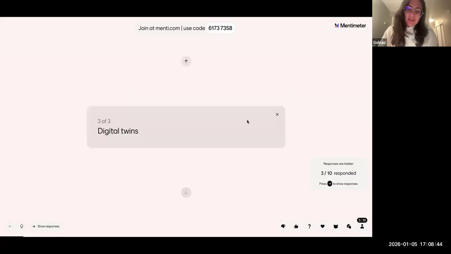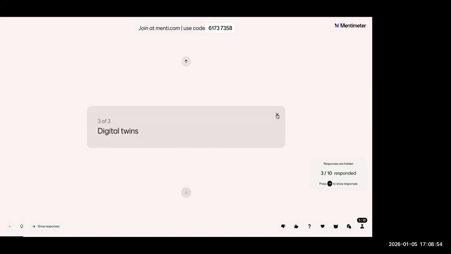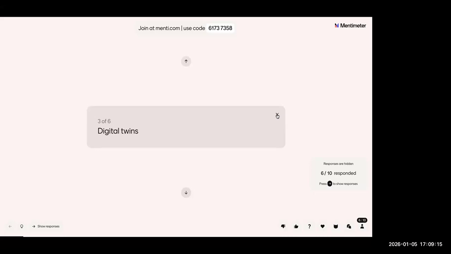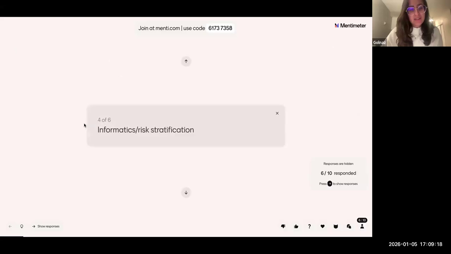Digital twins. I haven't heard of that. What's that? I wrote that one. From my understanding, it's basically creating a model of a patient in a digital format, basically a twin of a patient, and then testing treatments or maybe looking at their genetic makeup and things like that on that digital model. Interesting. So kind of a simulator of, hmm, as accurate as possible. Interesting.